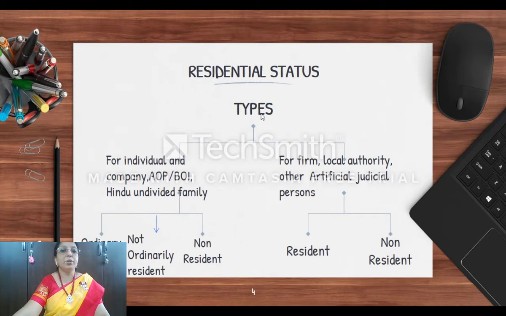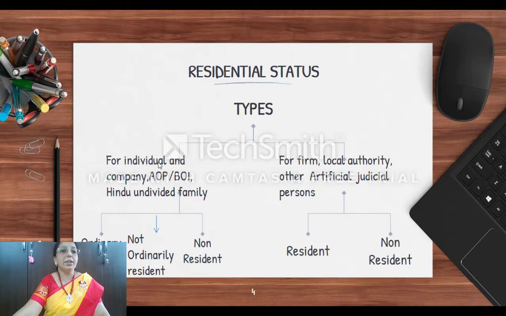For an individual, company, AOP, body of individuals, HUF, we have non-resident, ordinarily resident, not ordinarily resident. When we move on to a firm, local authority, artificial judicial person, we just have a resident and a non-resident.